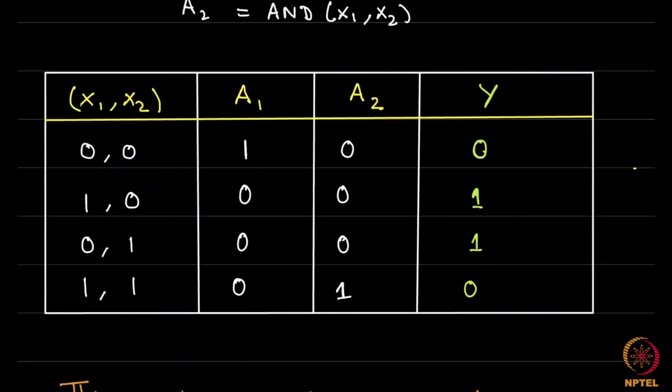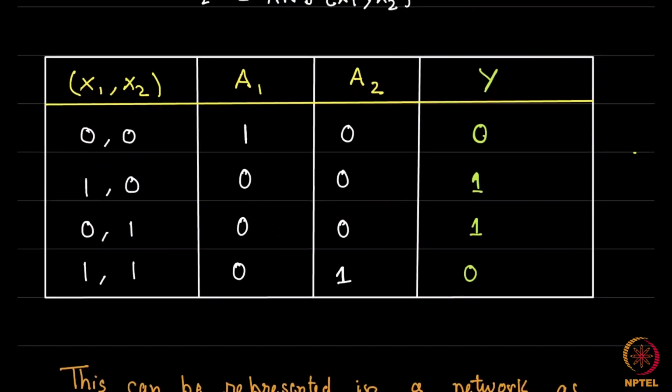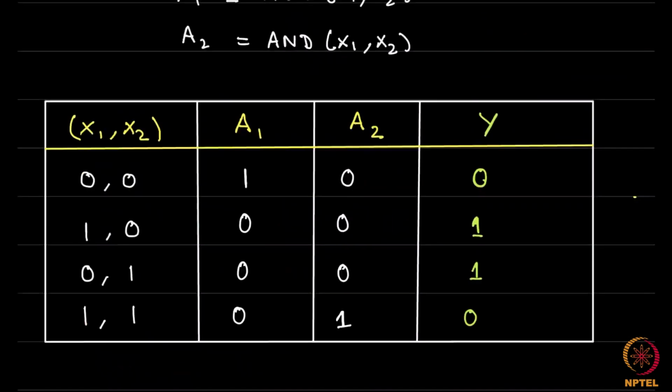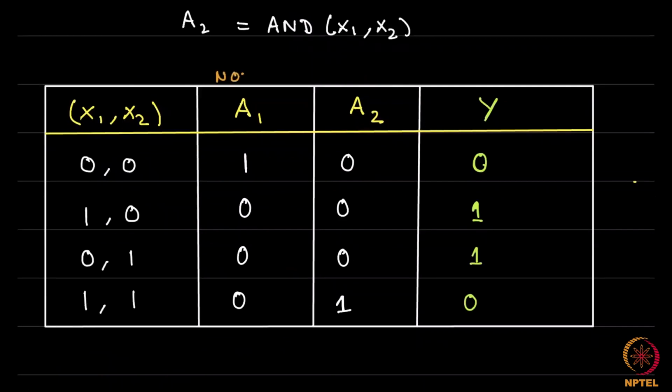So just to show you that this is true, remember I had written NOR of x1, x2, AND of x1, x2, and NOR of A1, A2. Okay, so this is how these quantities were calculated. So just as an example, if you have X1, X2, if I do OR, it gives me 0.